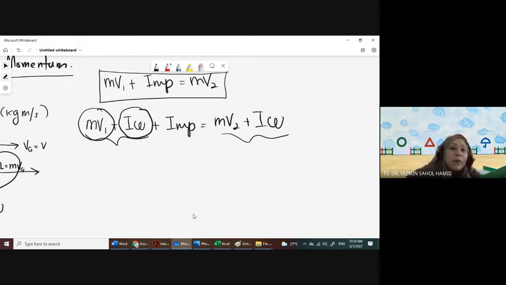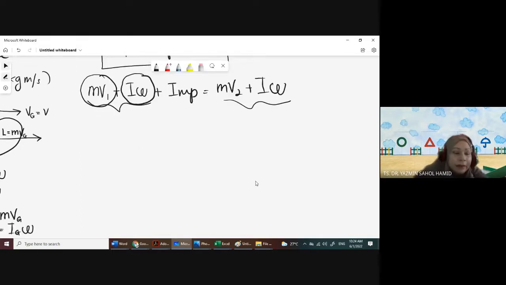So the principle of linear impulse and momentum, if you remember this one. Basically, first let me draw the diagram.